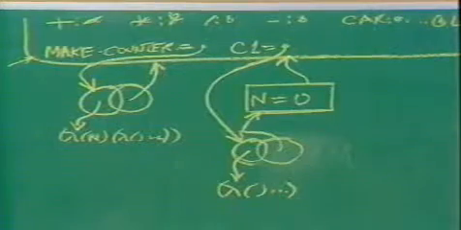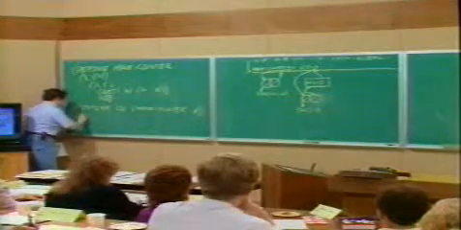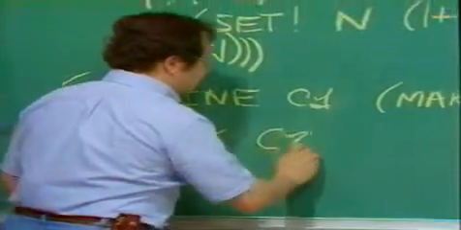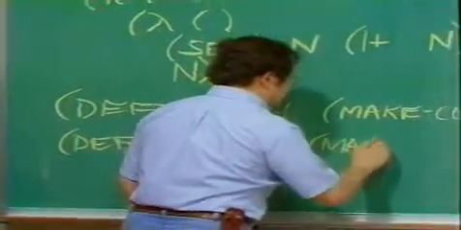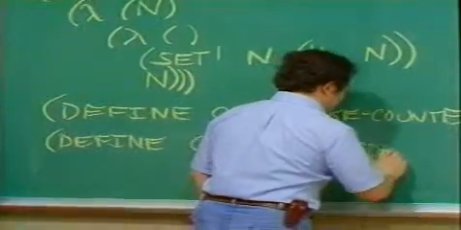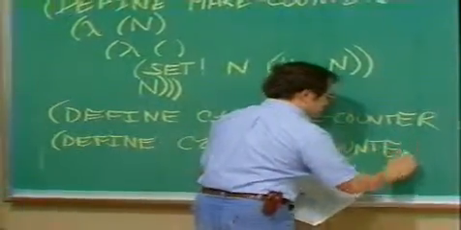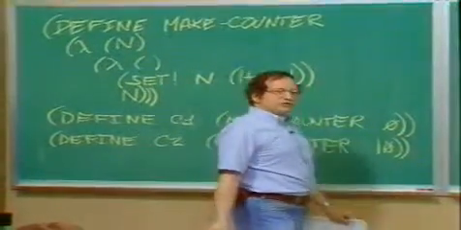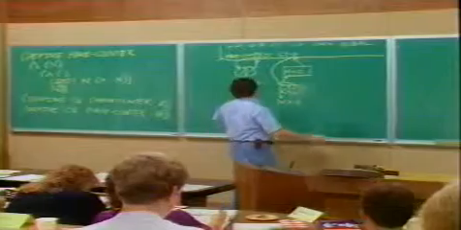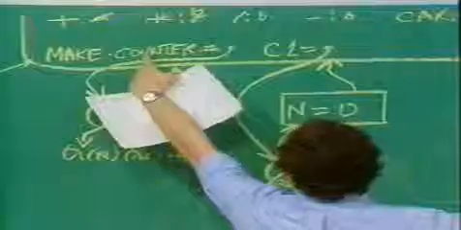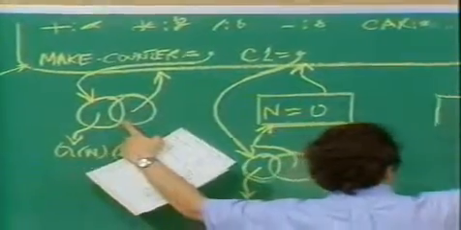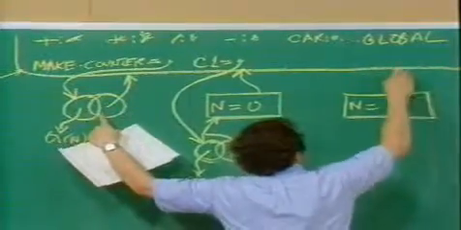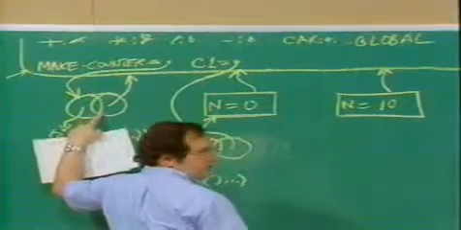Now, if I also make another counter, C2, to be make counter, say starting with 10, then I do essentially the same thing. I apply the make counter procedure, which I got from here, to make another frame with n being 10. Okay, that frame has the global environment as its parent.